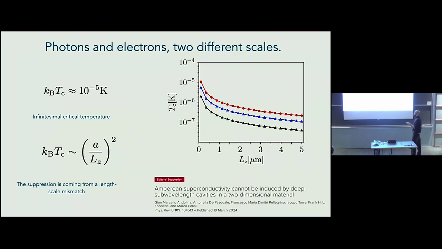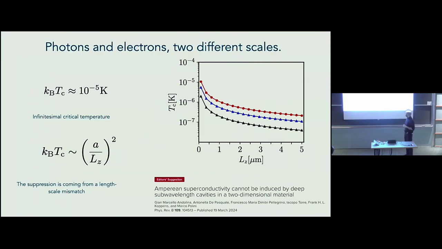And this is the ratio between the cavity size, the distance between the mirrors, and a, which is the lattice constant. So somehow this really shows this mismatch between electron and photon.